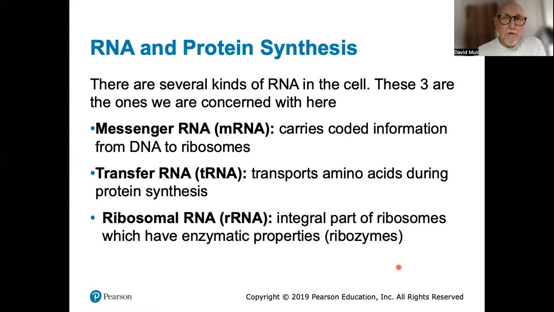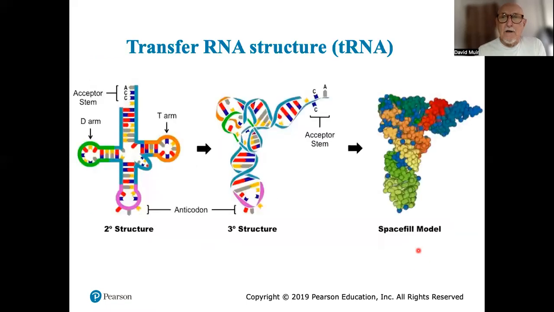I just want to show you a little bit about the structure of transfer RNA. And we'll refer to this again later on. But I wanted to show you that transfer RNA is actually a relatively small molecule. But here's an instance where we can see that a single-stranded RNA molecule can actually form these very, very complex structures.